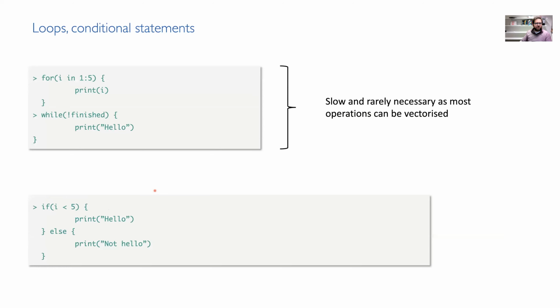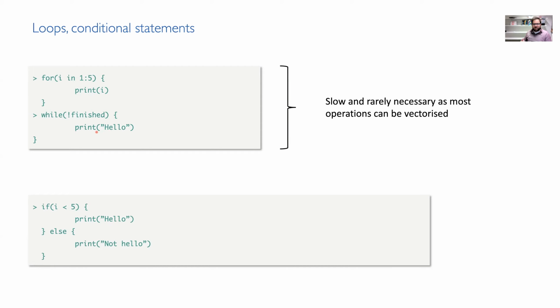We also have loops, of course, in R. So this is a for loop, where you can, for example, have a loop that goes from 1 to 5, and then I can print something out. I have a while loop, so while some condition is fulfilled, we want to print something. Typically in R, you don't want to have loops. If you have a loop in R, that means that you're doing something wrong.